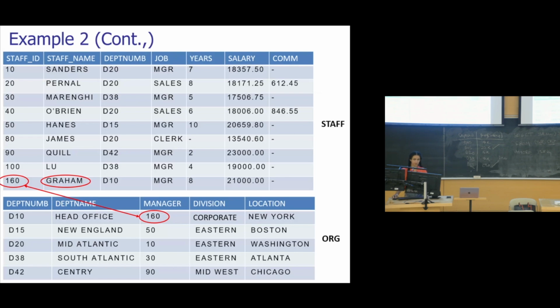So we find, for example, manager 160, which is here, and then the staff is here. Then it goes to the next manager, which is 50, and then finds the name, which is 100, right? Then go to the next one, 10, and then find the staff ID 10 in the staff table. Next one is 30, finding it in the staff table.